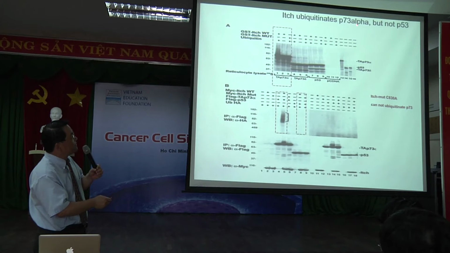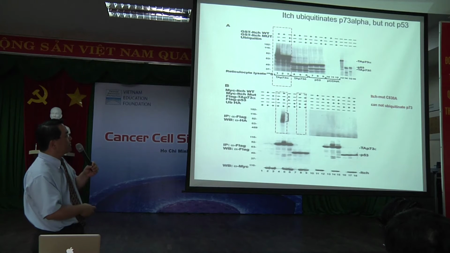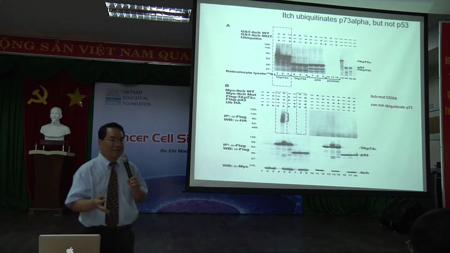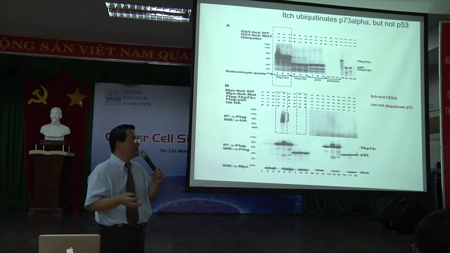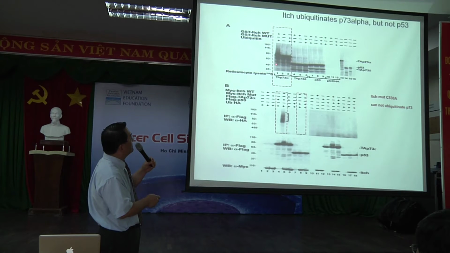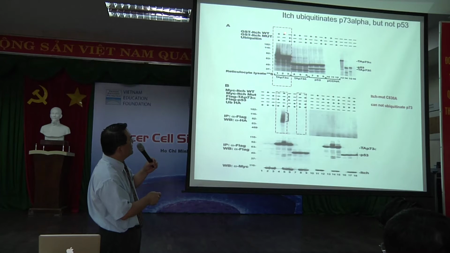Each ubiquitinates P73 alpha but not P53 because there is no binding to P53. Of course, you expect they will not ubiquitinate P53. Again, shown here is the ubiquitination assay with each and with the ubiquitin, P73 alpha got ubiquitinated. With each alone, without ubiquitin, there's no ubiquitination.